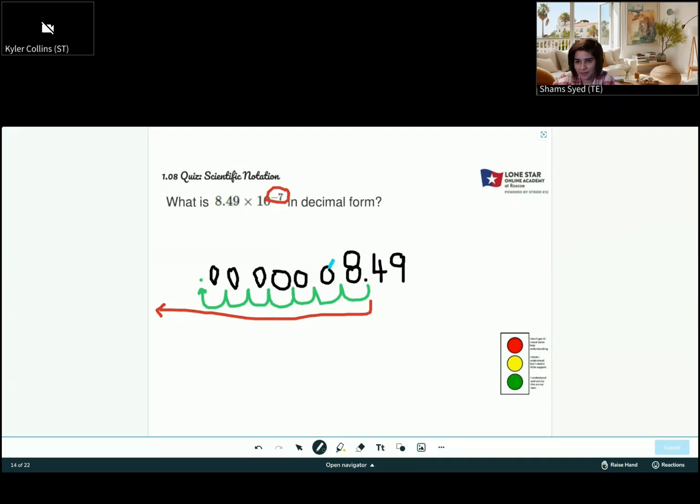Okay, let me rewrite the number. So the number will look like this. I'm going to start with 0 point. There is supposed to be 6 zeros. So 1, 2, 3, 4, 5, 6 zeros, and then 849.